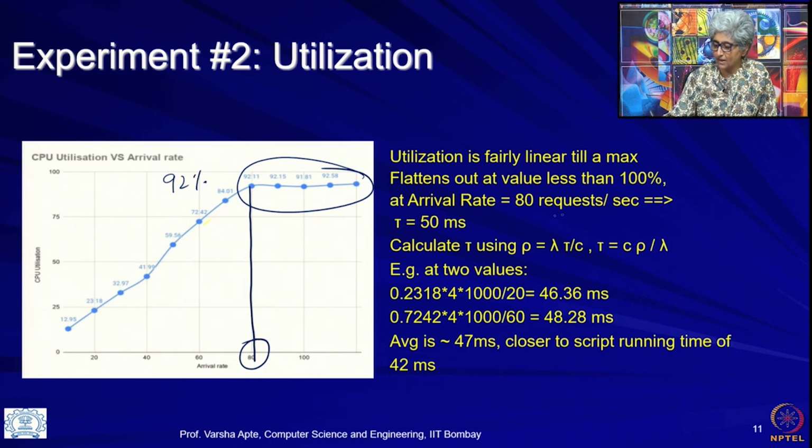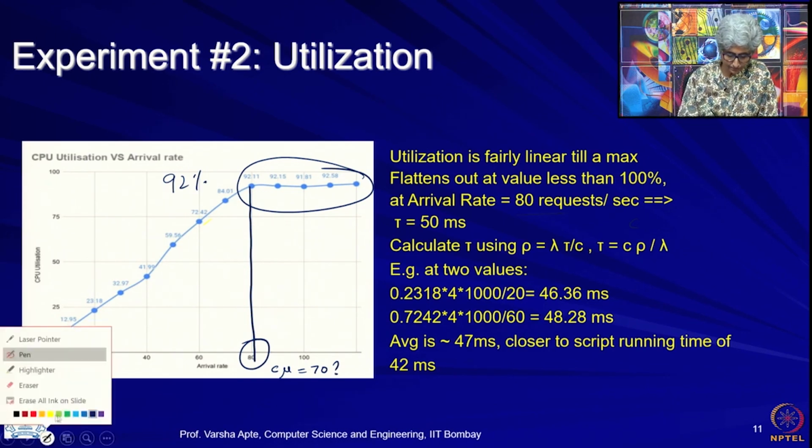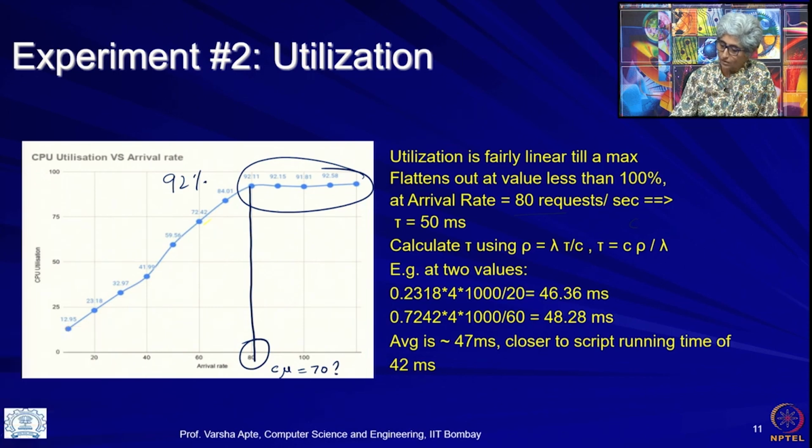What we expect is it happens at C mu, and C mu from the previous thing looked like it was 70. So if we consider this as C mu, the C mu at which maximum utilization happens, as 80 requests per second, then we get a tau of 50 milliseconds.